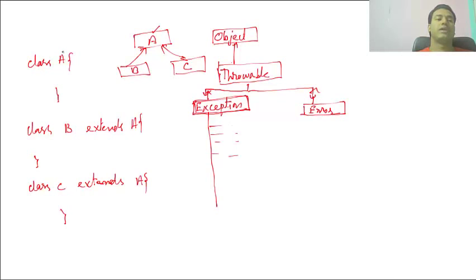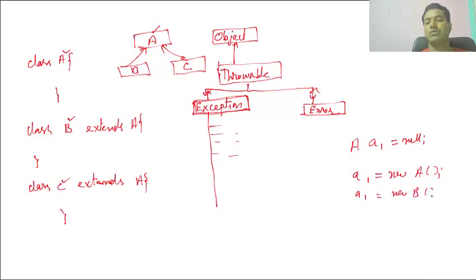So A is one type, B is a subtype of A, and C is also a subtype of A. Now if I have a reference variable of type A, say A1 is equal to null first, then the A1 reference variable can have an object of new A, it can have an object of new B also, and it can have an object of new C also.